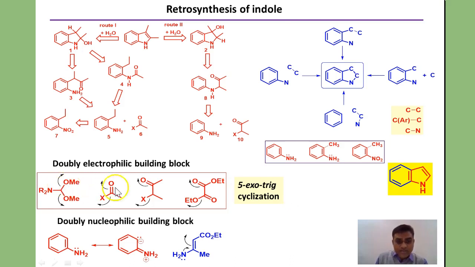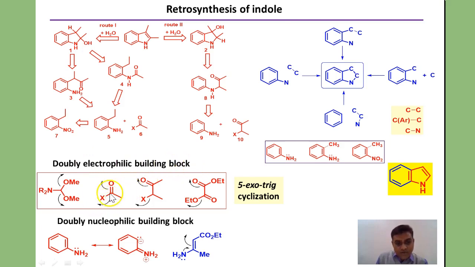Now here we have made a list of the substrates which are generally used in the synthesis of indole. One is N,N-dimethyl or dialkyl formamide dimethyl acetal. N,N-dimethyl, for example R is equal to methyl, DMF dimethyl acetal, acid halide, alpha haloketone, diethyl oxalate. So if you look at all these cases, they are found to be doubly electrophilic building blocks.